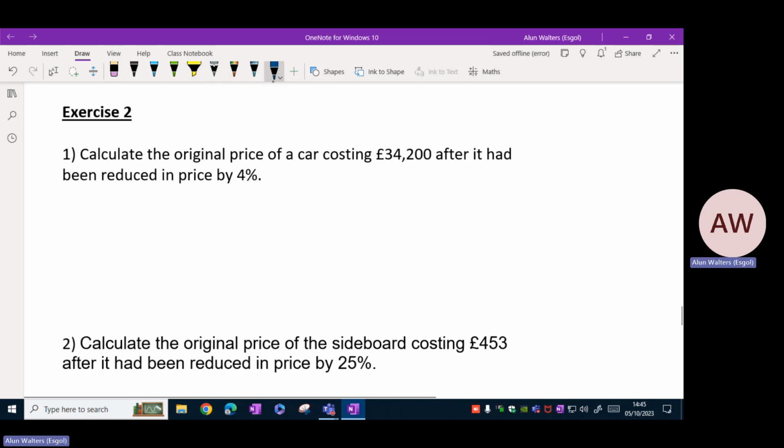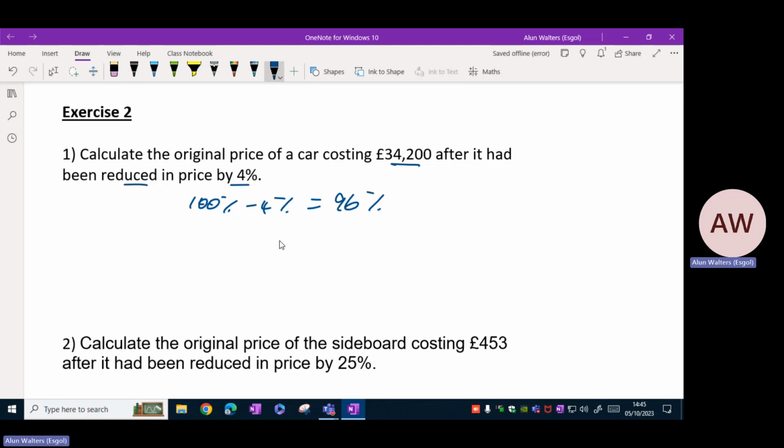Okay. I'm assuming you've had time to do the questions because you paused the screen. Okay, so that's the figure. It's been reduced by 4%. So I'm going to start off with 100%, take away 4% is 96%. As a multiplier, that's 0.96.